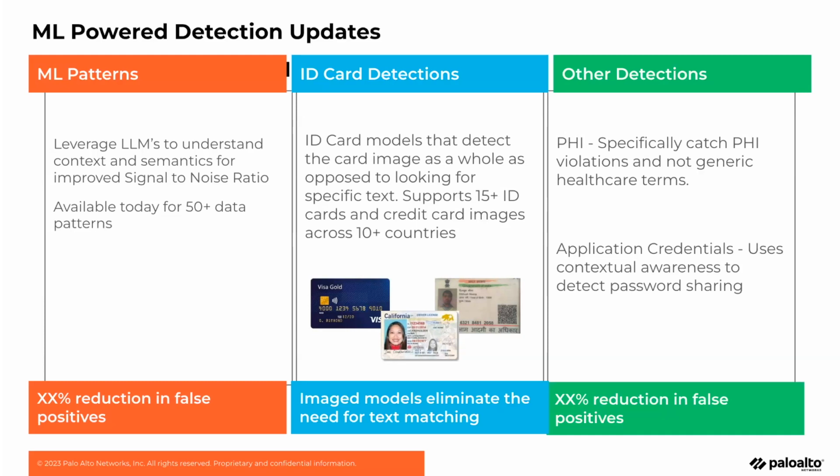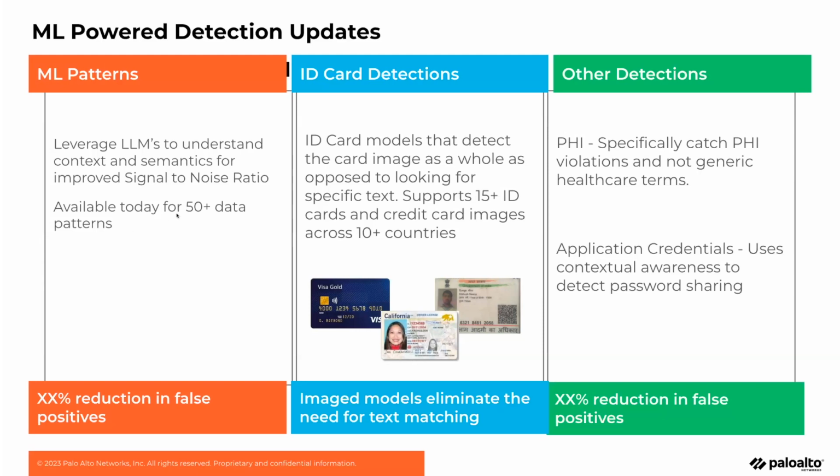But what we want to do is not only leverage the patterns, we leverage the power of modern technologies like LLMs to understand the context and semantics behind a particular detection so that we are able to reduce situations in which we do just blind pattern matching. And so we're using ML and LLM to understand the context to improve the signal to noise ratio.